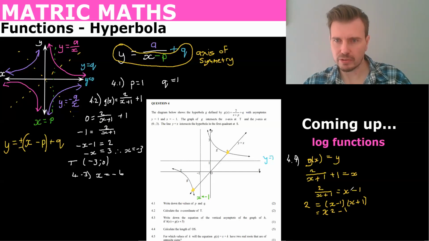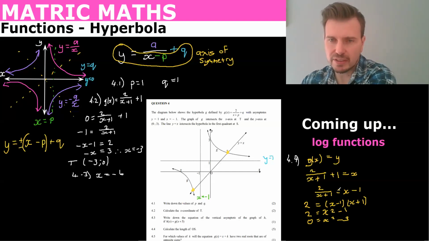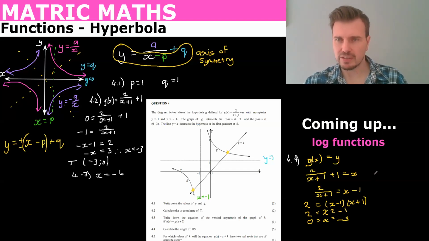So take this 2 across, so we'll say 0 equals x squared minus 3. If we factorize this again, we'll have 0 equals x minus... actually, it's not difference of cubes. It's plus or minus root 3. So we'll say x squared equals 3.